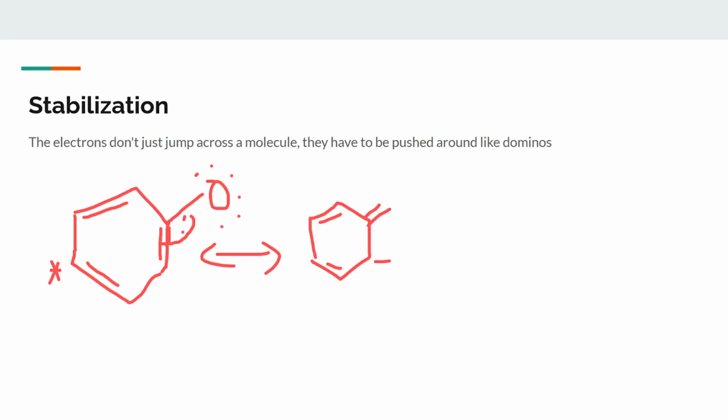Oh, wait, sorry. That's not how that works. This moves over here, and this moves over here. So this O forms a double bond, and the double bond that was here was taken, and those electrons were put on this carbon, which makes it negative.